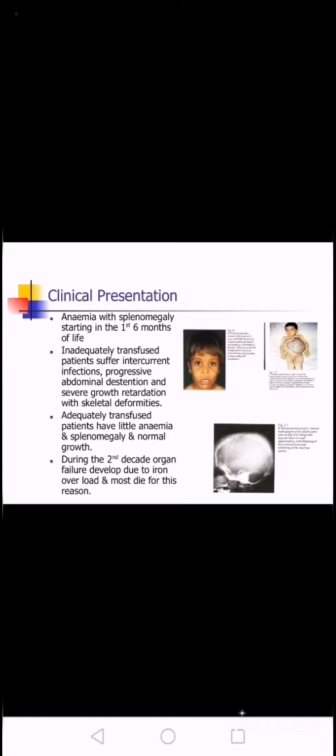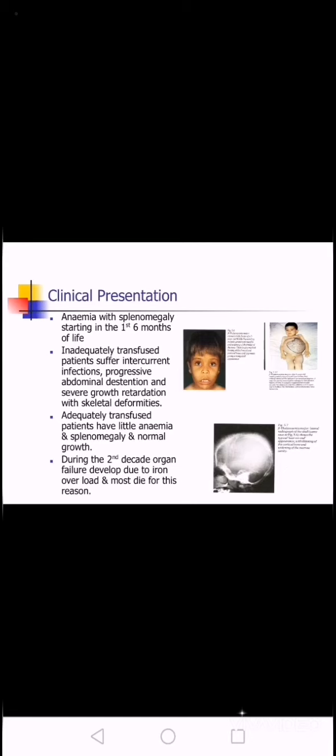Anemia with splenomegaly, starting in the first 6 months of life. An inadequately transfused patient suffers intercurrent infection, progressive abdominal distension, and severe growth retardation with skeletal deformity.